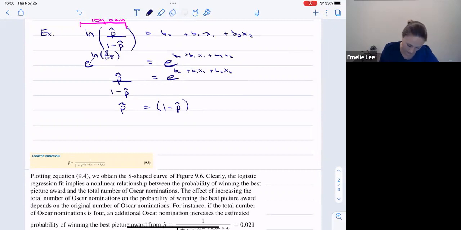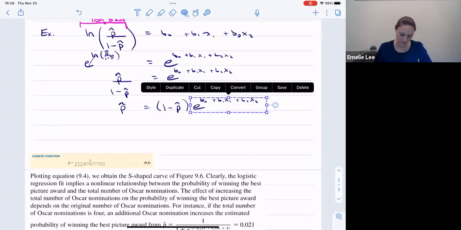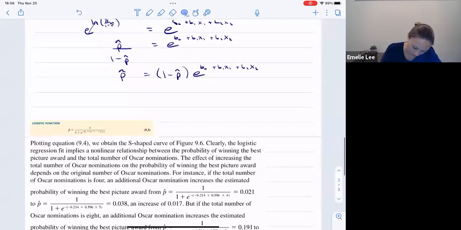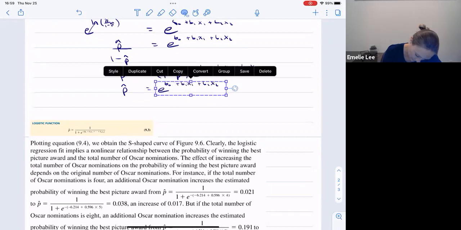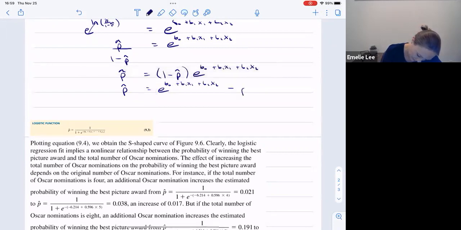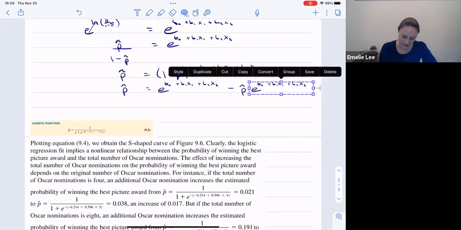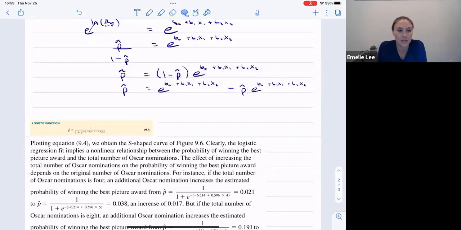How's that for cheating? Paste. So if I expand this out, then I get p hat is 1 times this, minus p hat times this, e to the power of whatever, e to the linear model, let's call it.